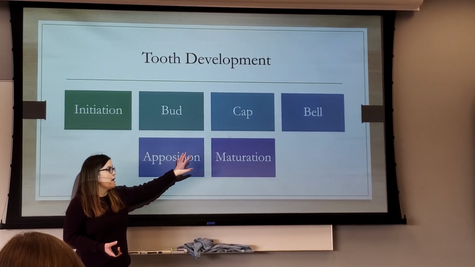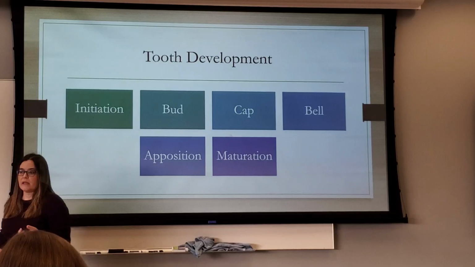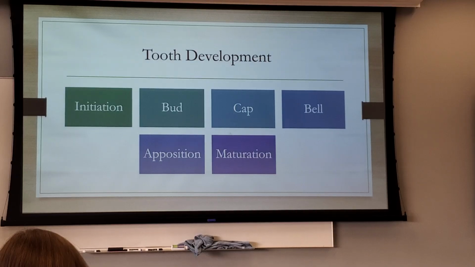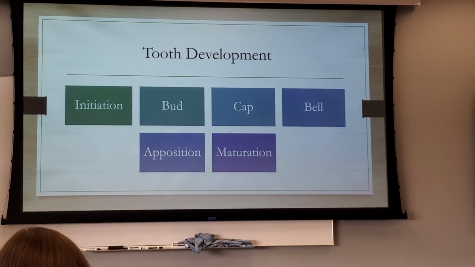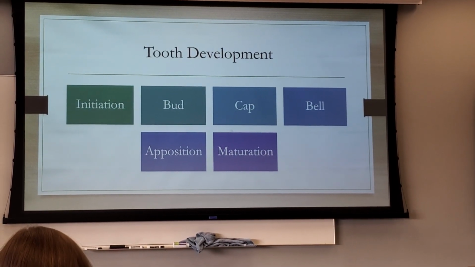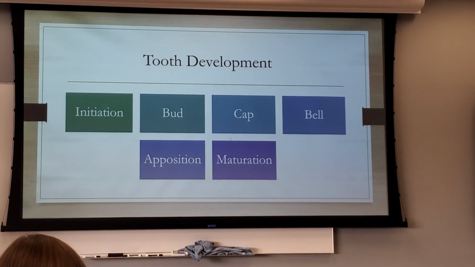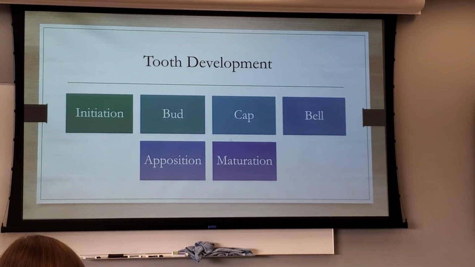And then maturation is when it's going to mature, right? Once we started making the enamel, then we need to mature it. So it's only a matrix, it needs to be mineralized, and so that's the maturation. So these are your major stages of tooth development: initiation, bud, cap, bell, apposition, maturation.